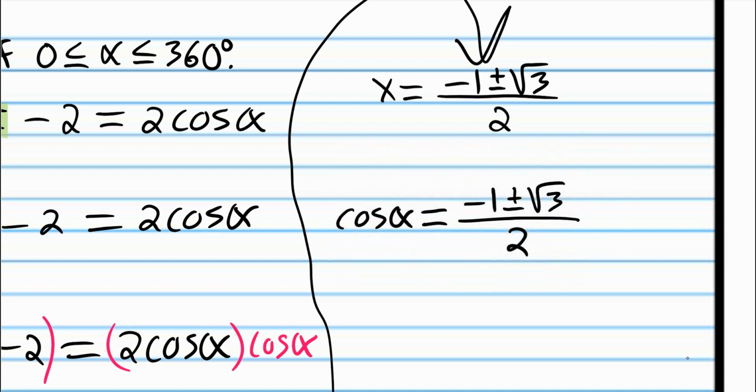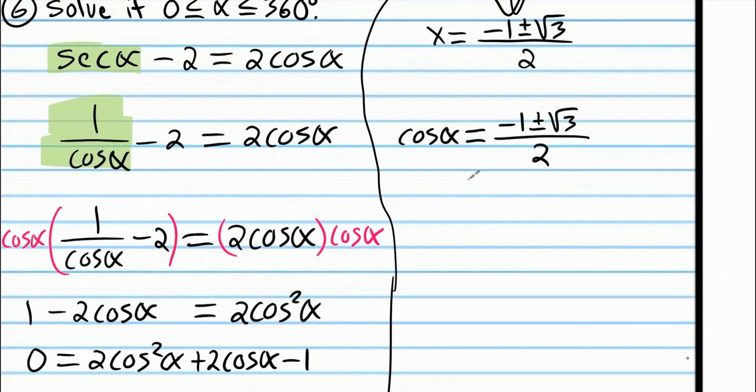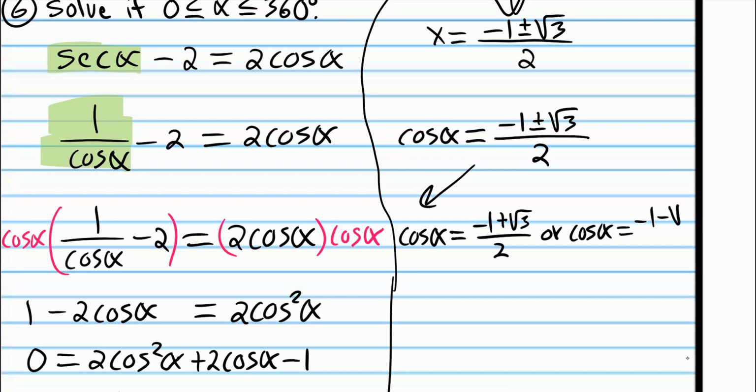And let's use our calculator to figure out what those values would be. And by the way, let's go ahead and separate. So what this means is that one possibility is that cosine alpha is equal to negative 1 plus root 3 over 2. And the other possibility is that cosine alpha equals negative 1 minus root 3 over 2.